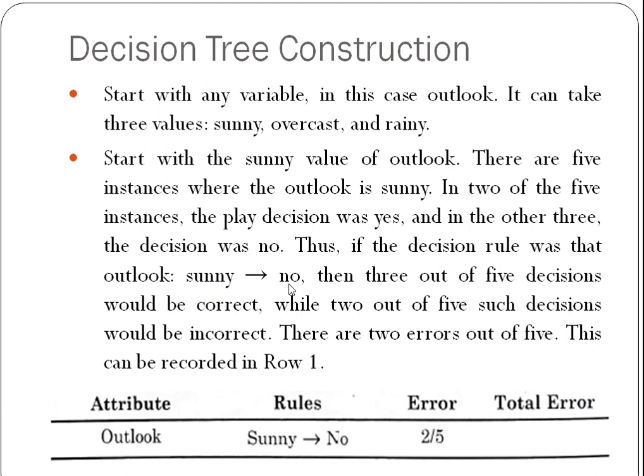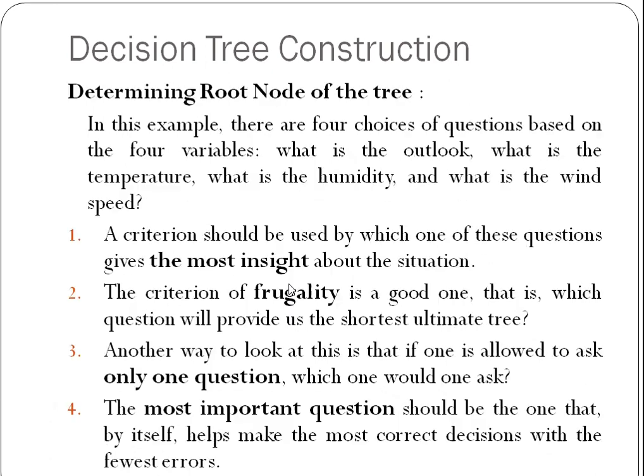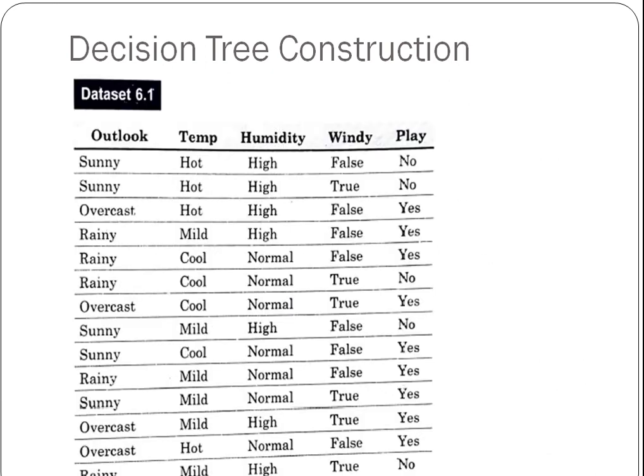I will go back to the table just to show you how many records are there for sunny. If you see, 1, 2, 3, 4 and 5 records are there for sunny. If I apply the rule sunny and no, I have sunny and no, so that rule holds good, meaning that rule is correct.